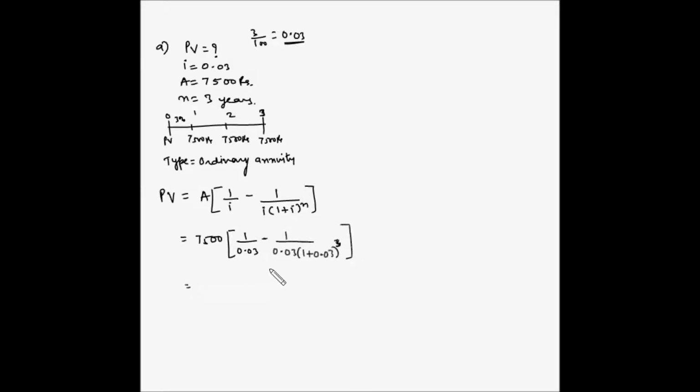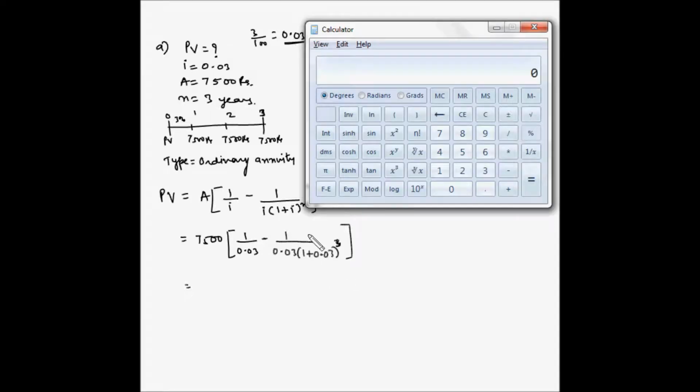So let me pull my calculator here. Let's first solve this part. 1 plus 0.03 is 1.03 cubed. So 1.03 to the power 3 multiplied by 0.03 is equal to this, and then we have to find the reciprocal because this is 1 divided by this number.